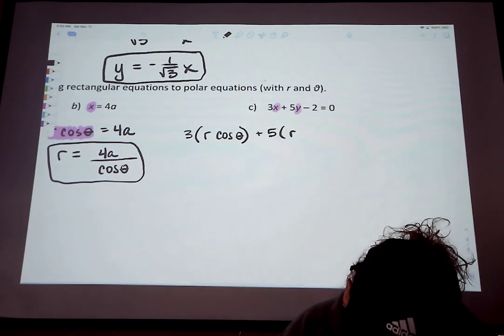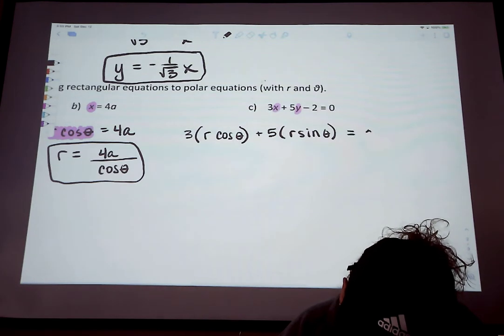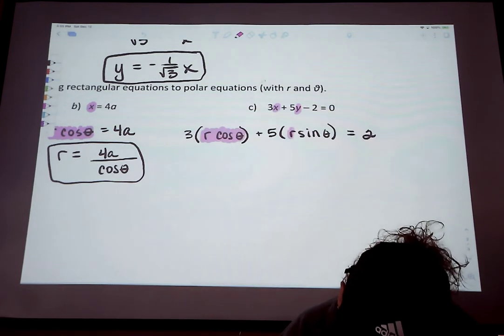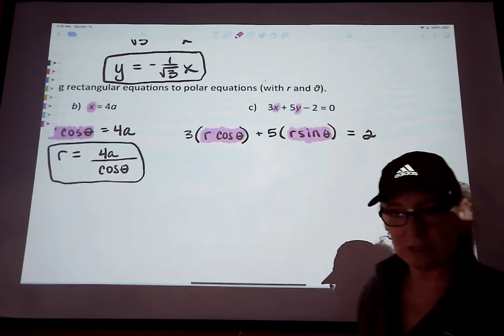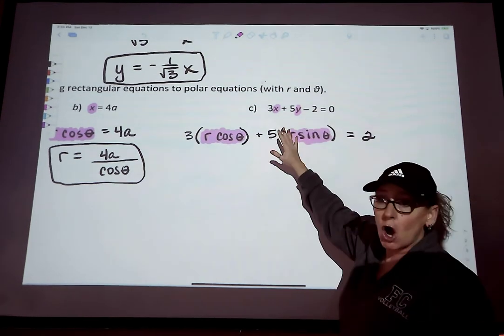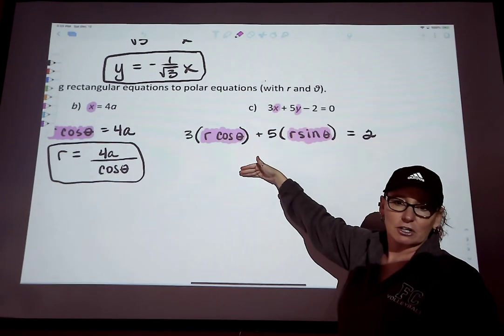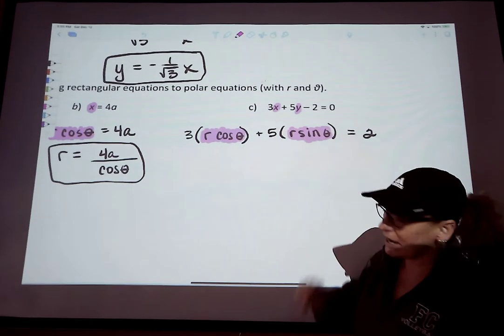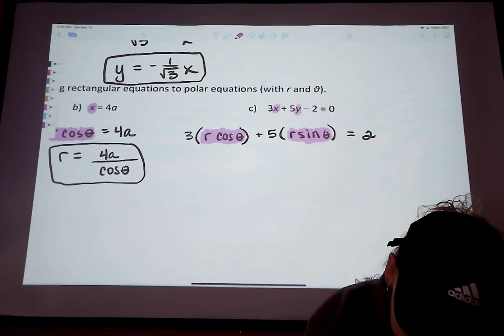Y is r sine theta. And as I make these substitutions, I didn't like the fact that the 2 was over there because I'm getting ready to solve this for r. So I went ahead and moved the 2 over, and now let's try solving this for r.